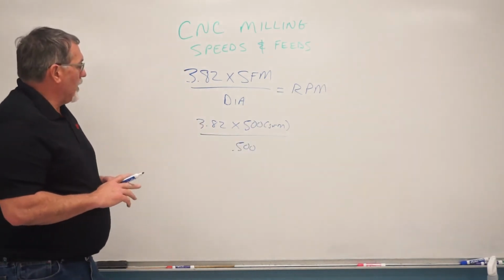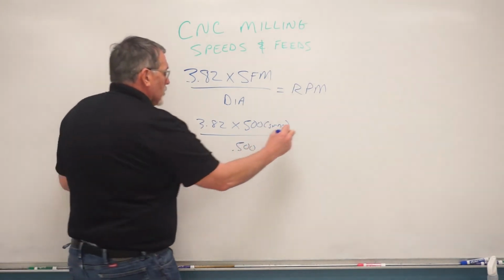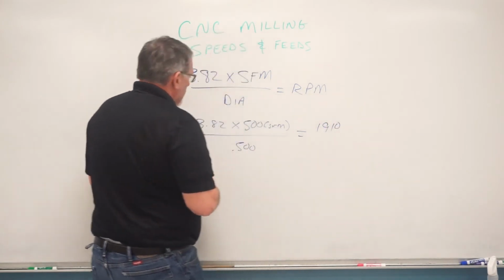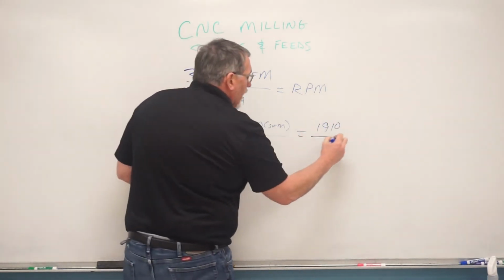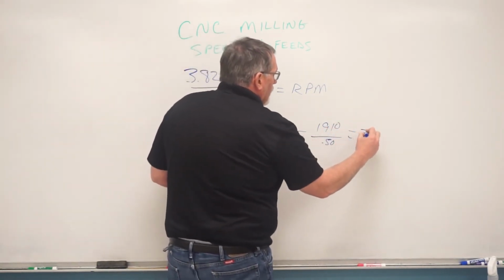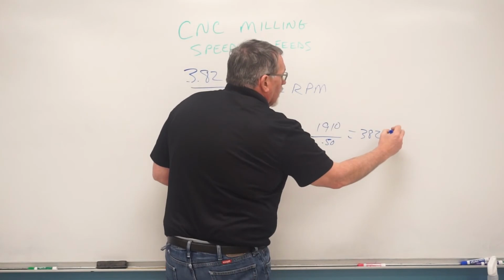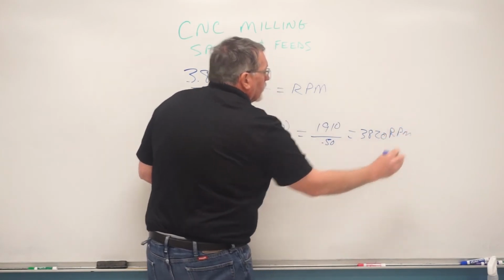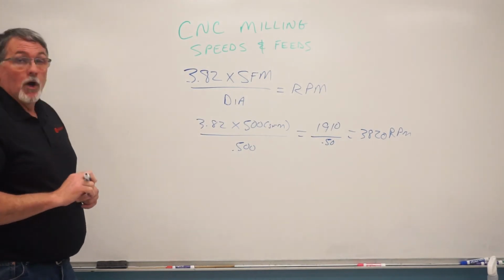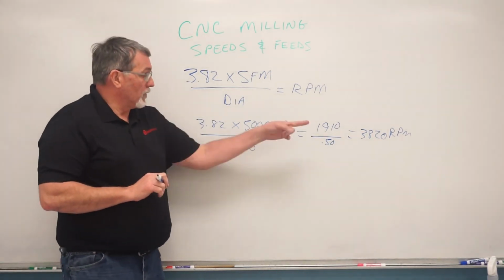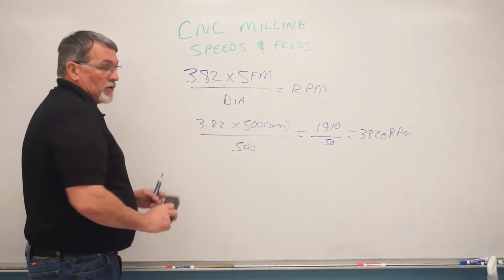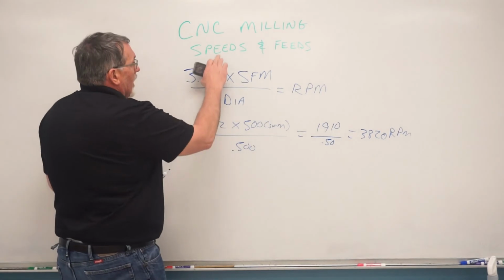Okay? 3.82 times 500 should equal 1910, divided by a half-inch, or 0.5, should equal 3,820 RPMs. So that's going to tell us how fast we turn our end mill in this application. So 3,820 RPM. We're going to leave that number up there and talk about our second formula really fast. So that's for our speeds.